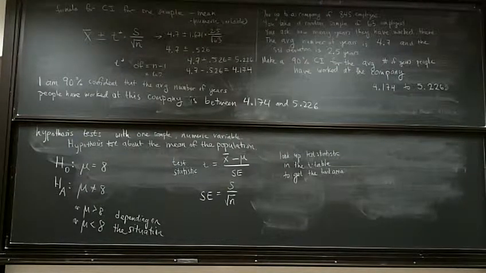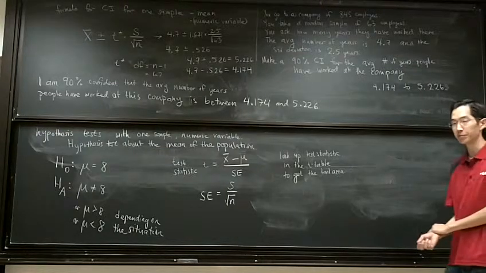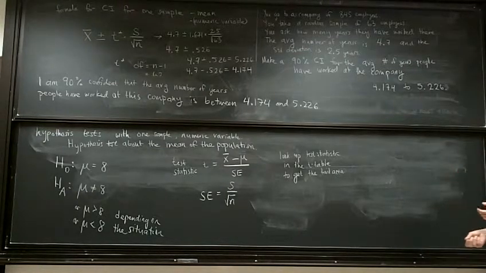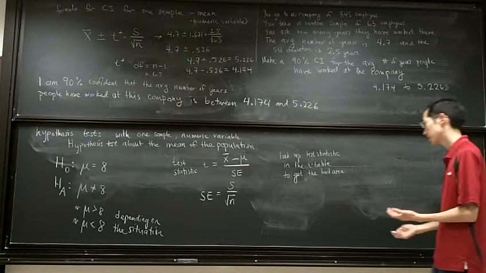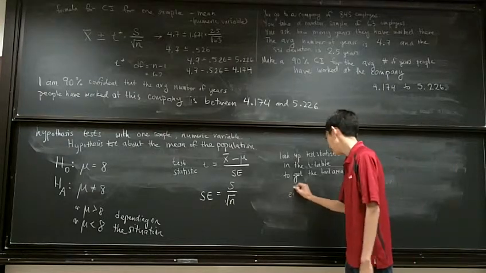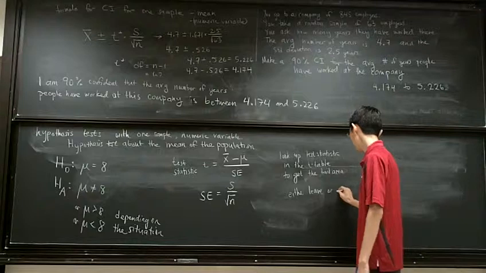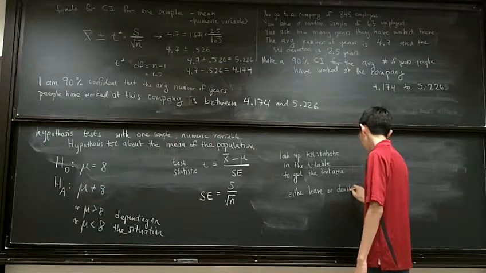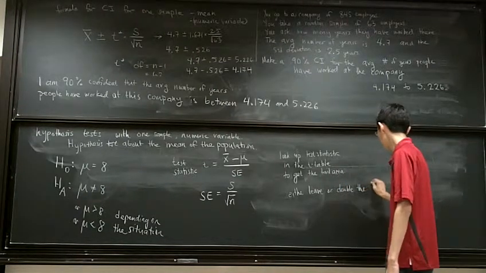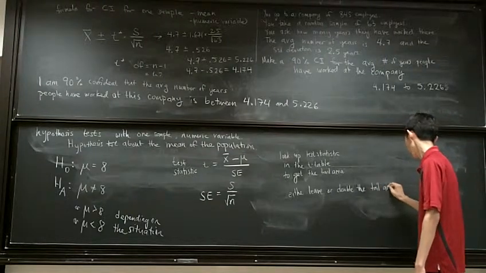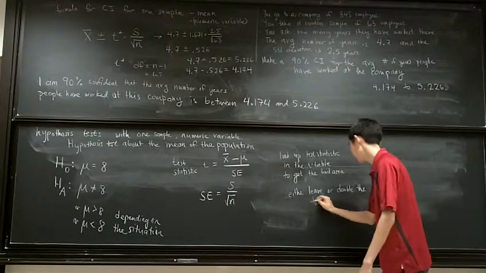When do we leave it as is and say my tail area is the p-value? When it's one tail. And we double it when it's two tail. And when is it two tail? When there's a not equal sign. Okay? So either leave or double the tail area to get your p-value.